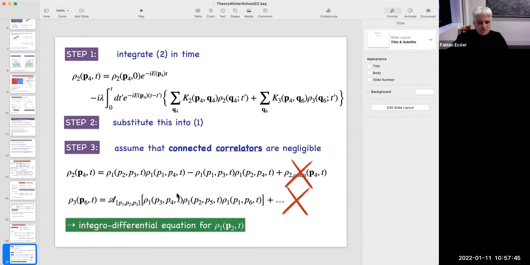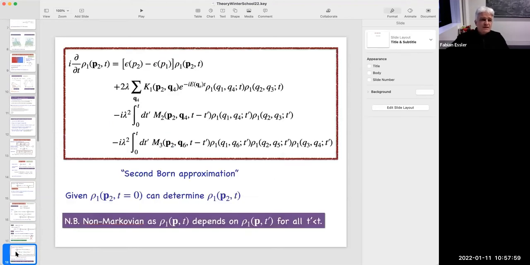Okay. So once you do that, you will get an equation that only involves the single particle Green's functions, nothing else. It takes this form here. You now get different orders in the interaction potential, which has this small parameter lambda.